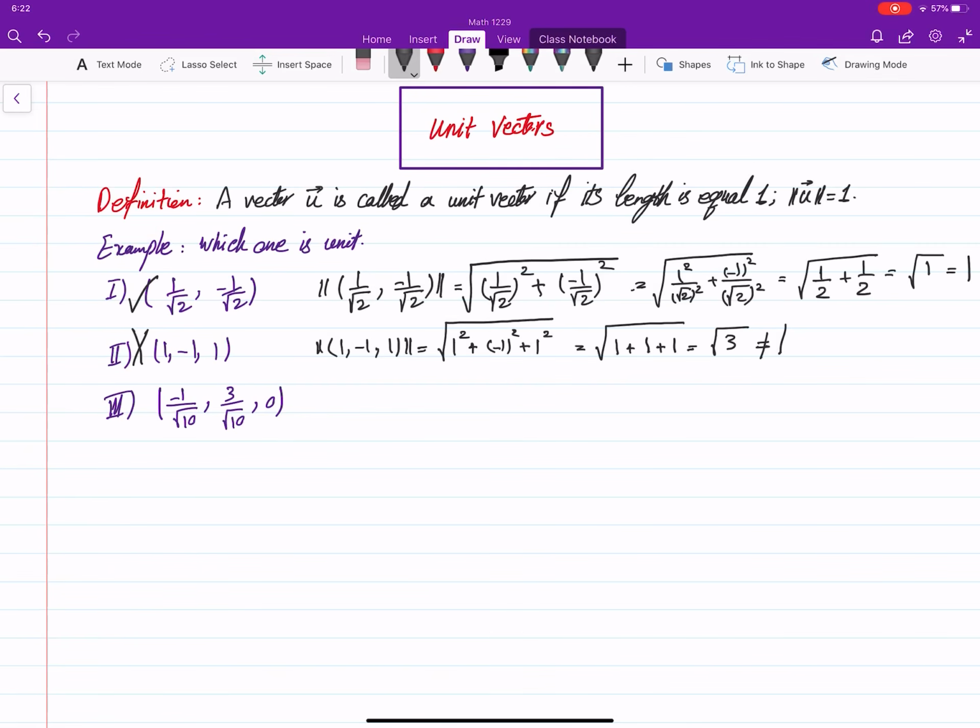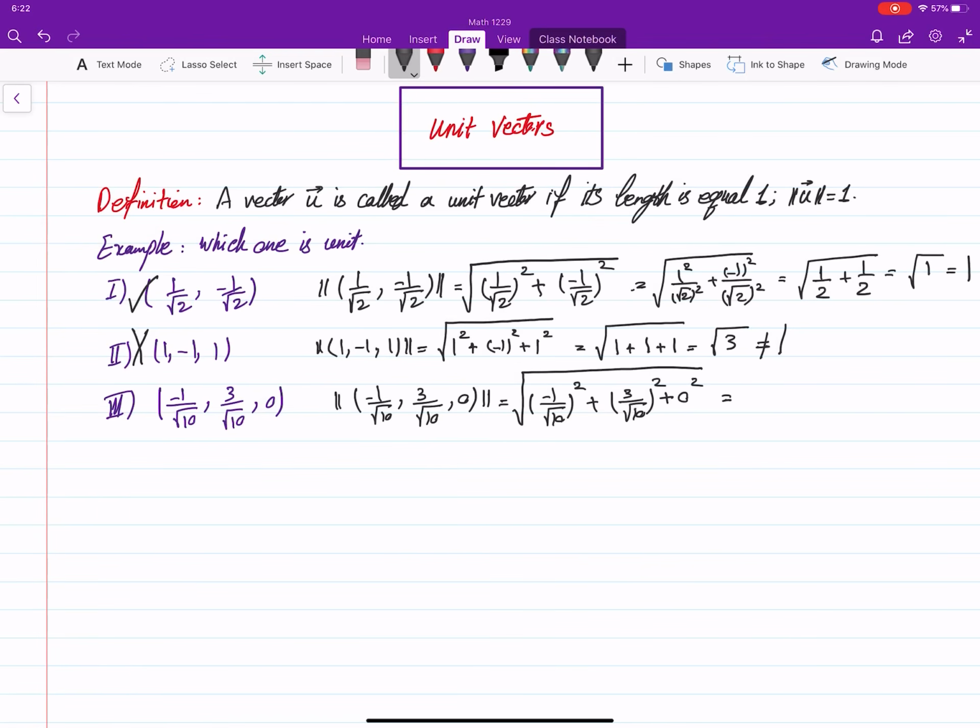How about this last one? The length of this one is, as before, square each component, add them, and then find the square root of that.